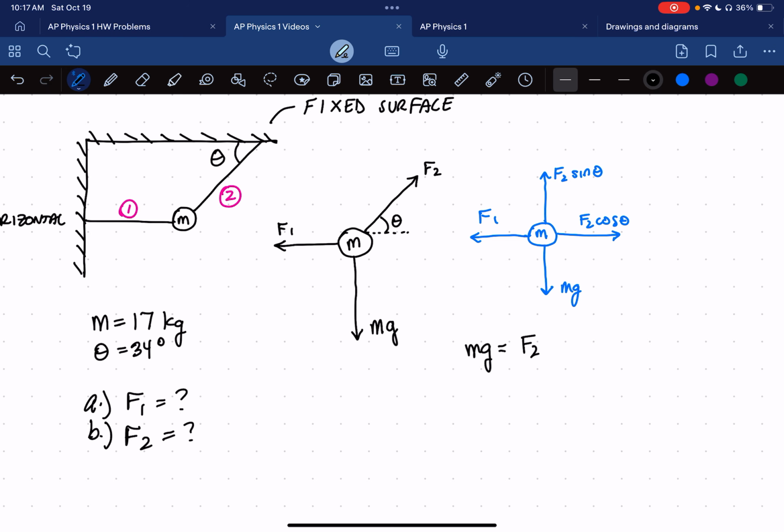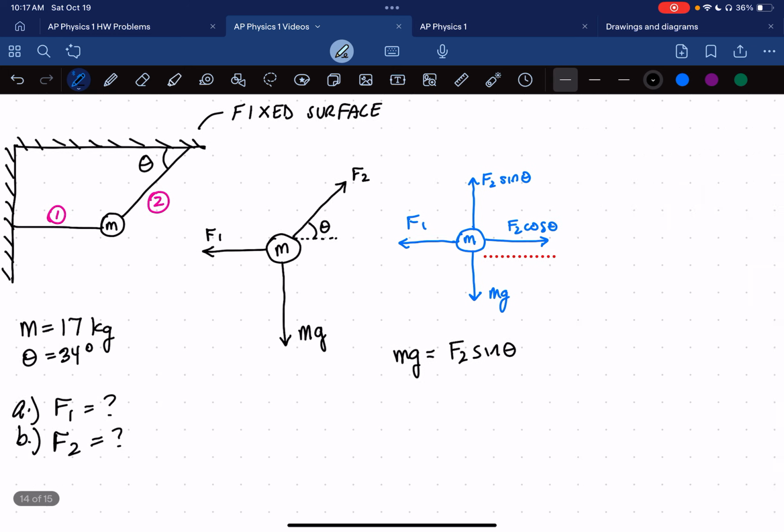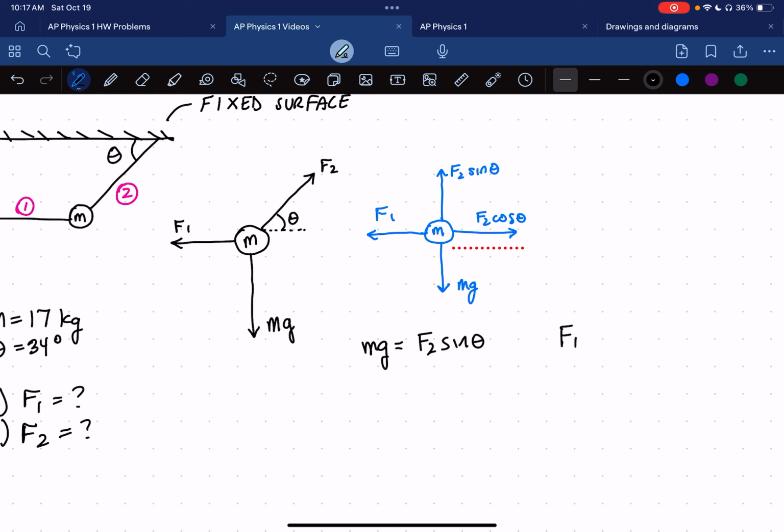Mg is equal to F2 sine theta, and F1 is equal to F2 cosine theta. So I've kind of skipped what we normally do here. We say F equals ma, there's no acceleration. So we say, for example, F1 minus F2 cosine theta is equal to 0, and that would be our next step there. So I kind of just skipped those steps.